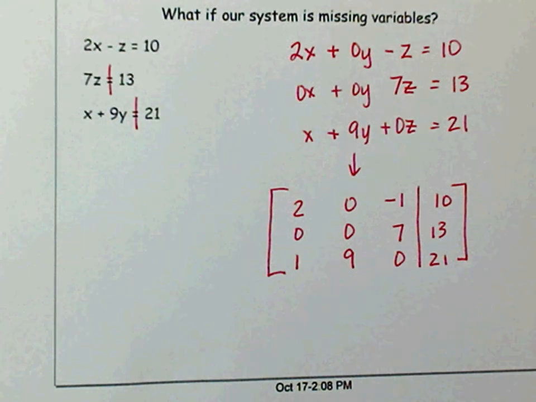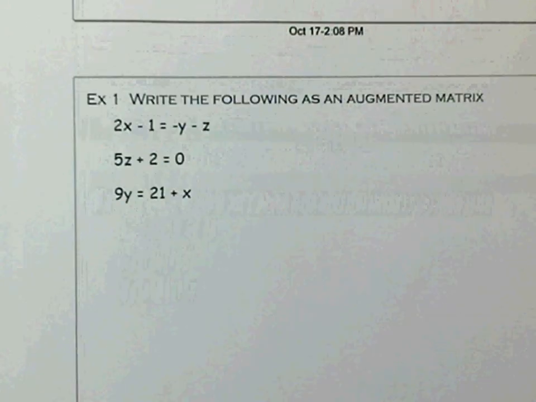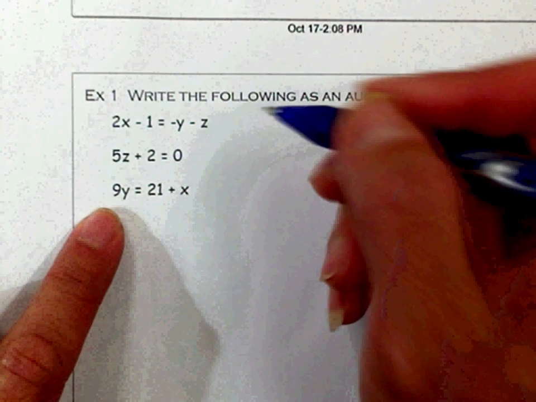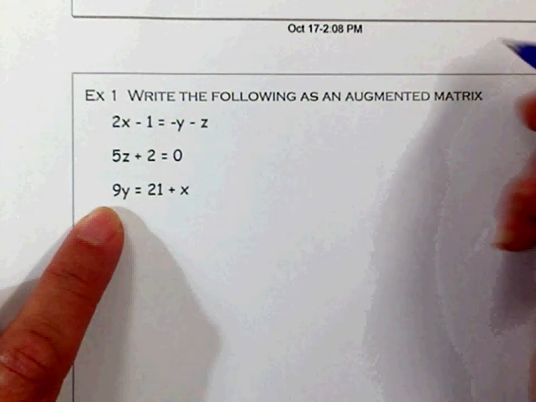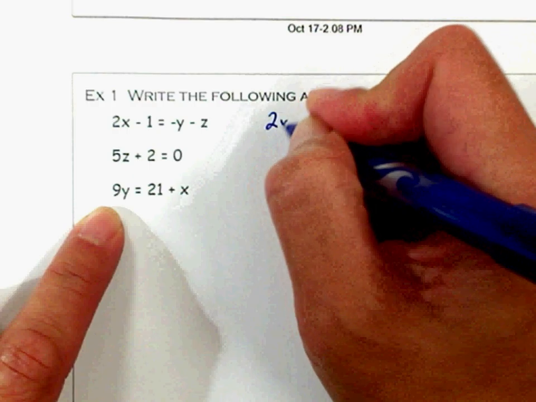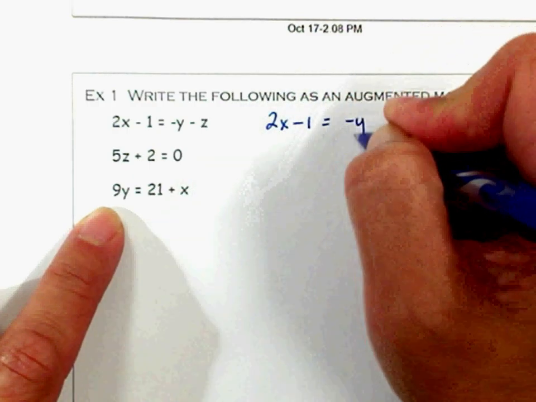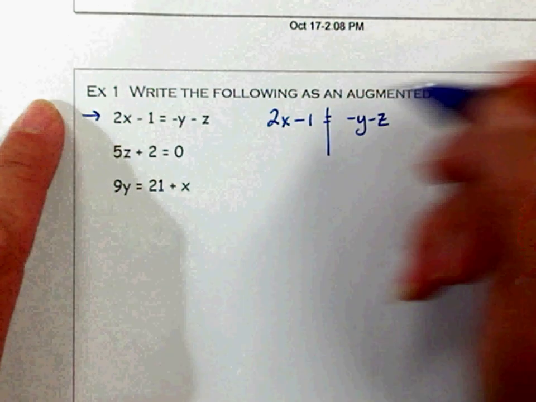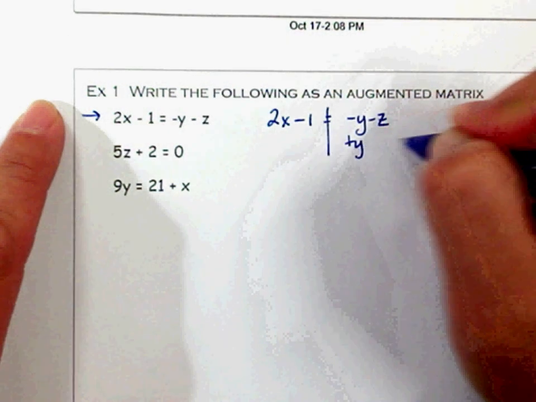Okay. All right. Write the following as an augmented matrix. Okay, this time we got to move things around. All right, I'm going to move 2x minus 1 is equal to -y minus z. So I'm going to do this first one. All right. I'm going to move the y over, and I'm going to move the z over.